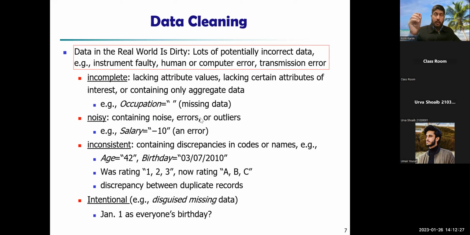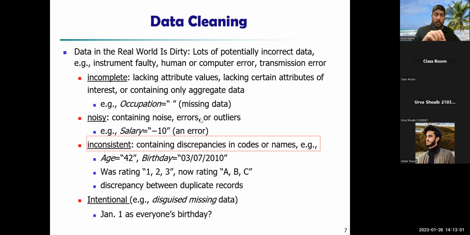One is that the data has missing values or is incomplete. The other thing is that data is noisy. Again, this is an aspect of cleanliness. And finally, data is inconsistent, meaning that you can see inconsistencies in data.